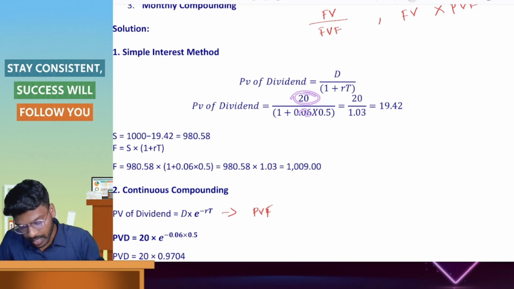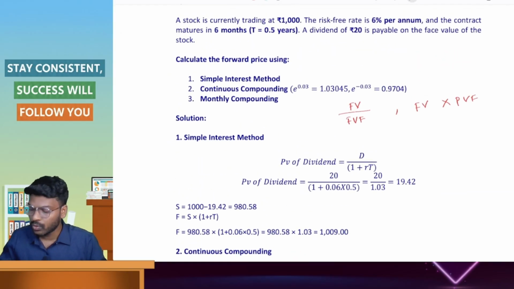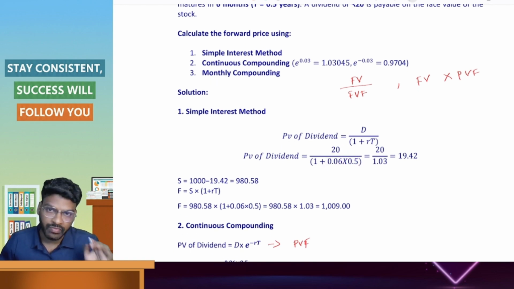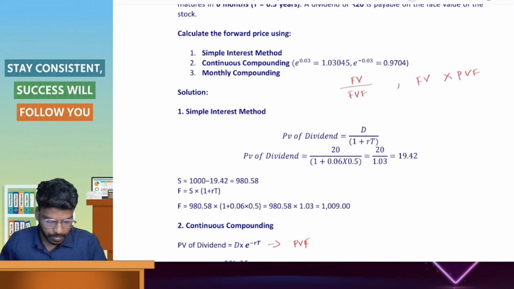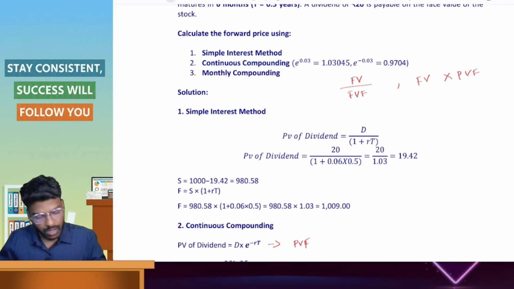equal to 20 divided by 1 plus 0.06. That is 6% per annum. So we have to divide 6 by 100. It will give you 0.06, multiplied with time, that is 0.5 years. Okay, half year. So 20 divided by 1.03, or we can also compute like this.